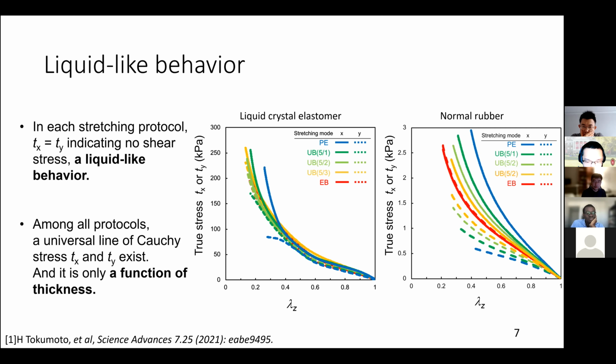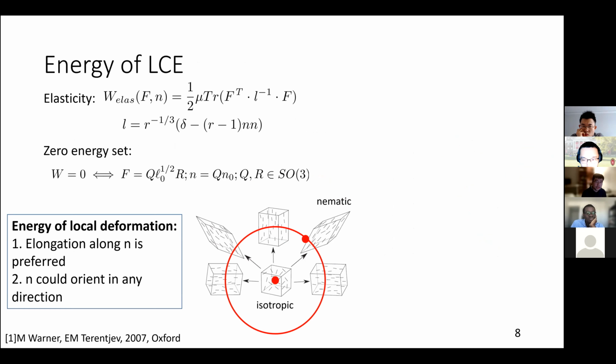As a comparison, if we do the same test on a normal rubber, you will see a very different behavior. None of these phenomena would be observed. This confirms that this is a unique behavior of the liquid crystal elastomer. But how do we understand this?